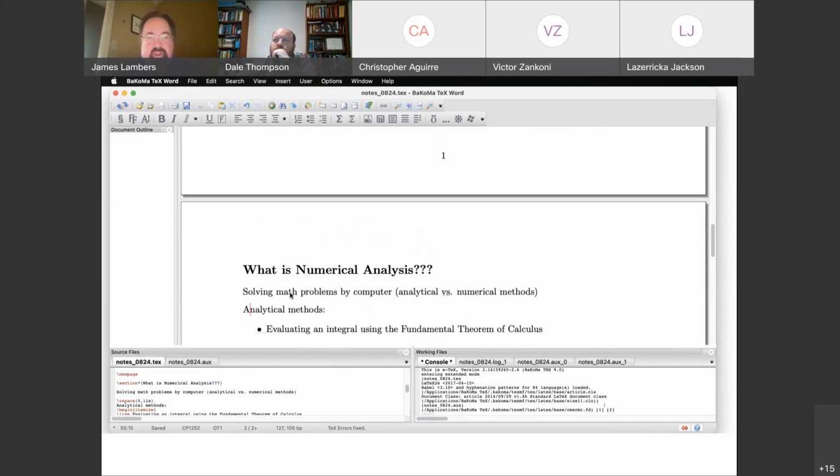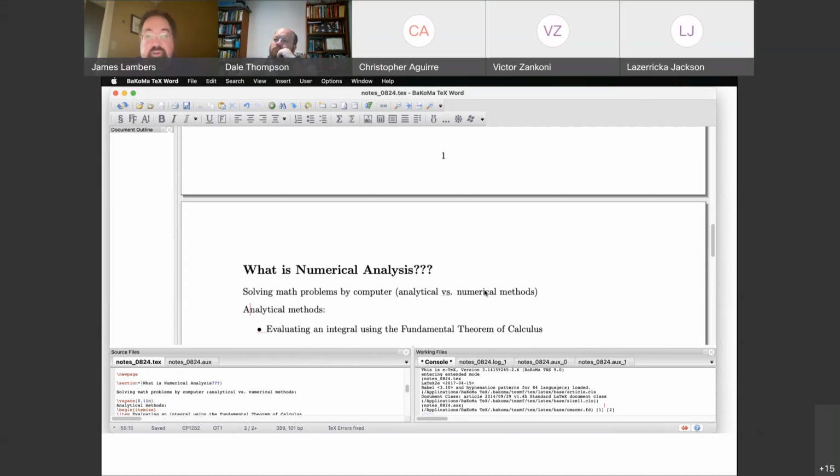It's all about numerical methods for solving kinds of math problems that you're already familiar with from other courses. Problems that come from calculus, such as derivatives and integrals. Linear algebra, such as solving systems of linear equations or computing eigenvalues of a matrix. Or solving differential equations. And problems from other areas of mathematics that build on problems from those areas.